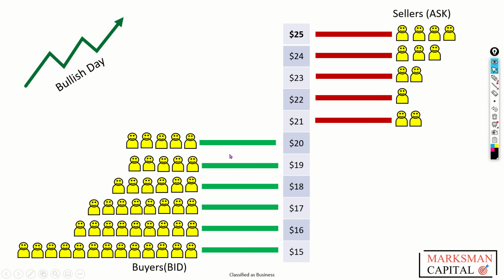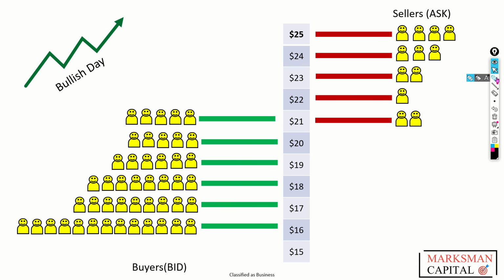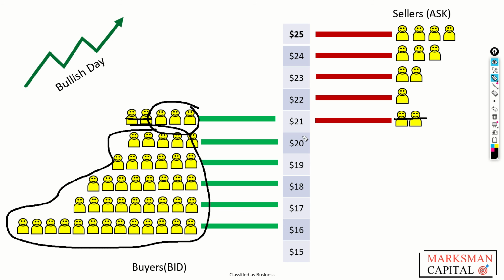If they're very impatient, then they will start to buy at higher prices. You can see that on a bullish day, the buyers are more than the sellers. So once the buyers move up here, this would probably satisfy only two buyers because there are only two sellers here, and you still have a remaining three buyers right here, and there are still a lot more buyers lining up behind. Of course, there are also more sellers waiting at a higher price.